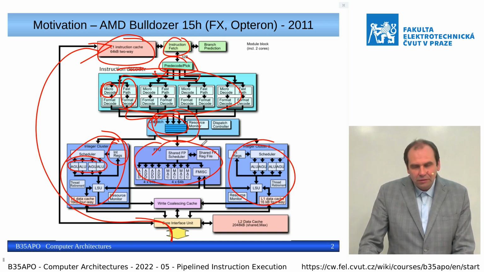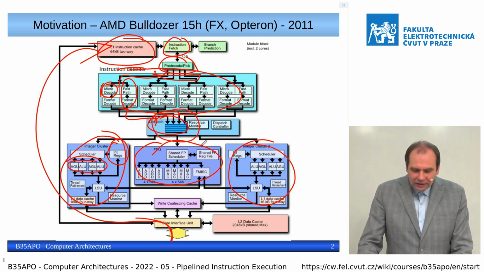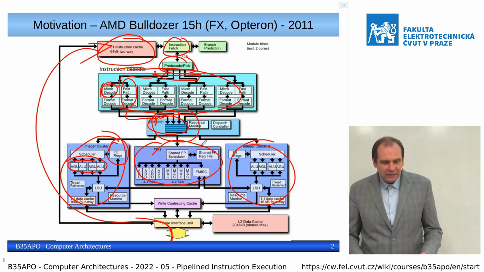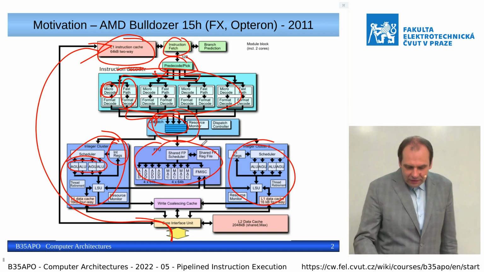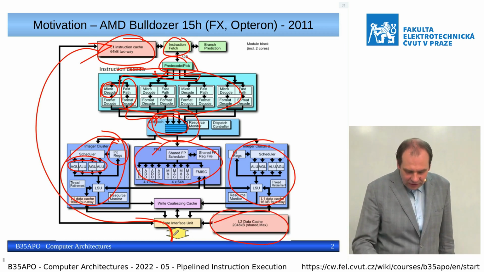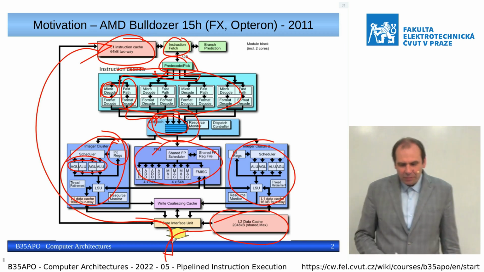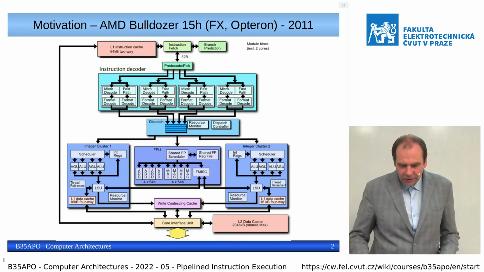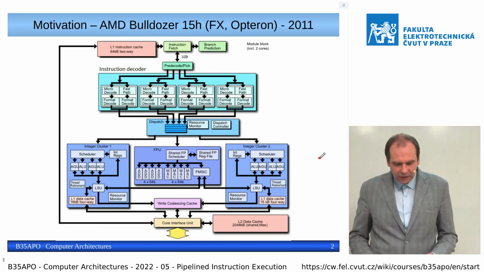So it is an interesting design, and you can see how complex the processor is today. Actual data accesses go through the L2 cache, and then there is access to the external bus. So this maps to the components which we have already seen during our past lecture.